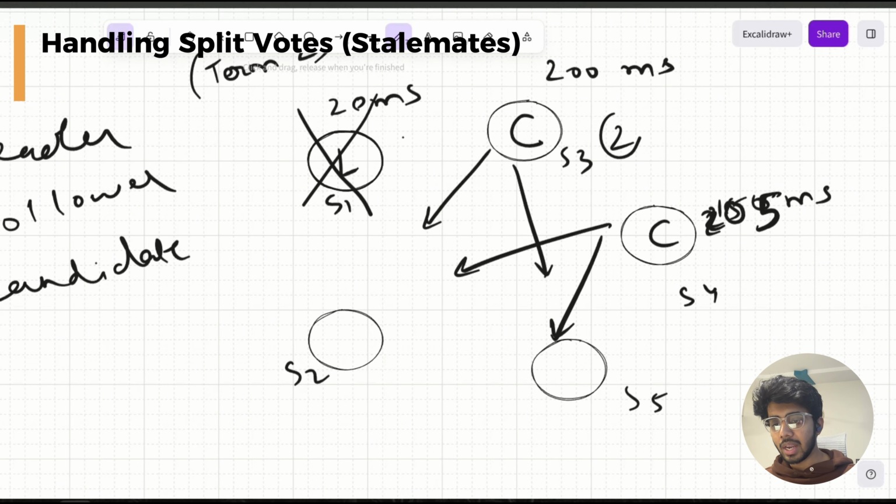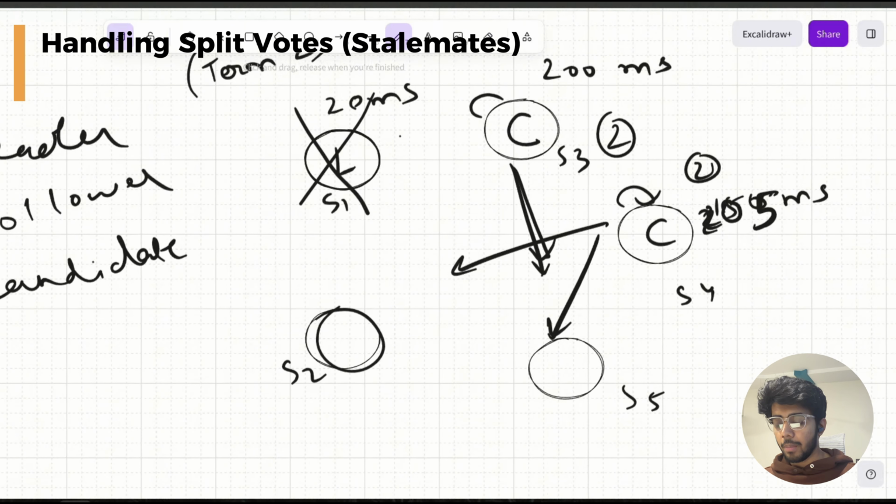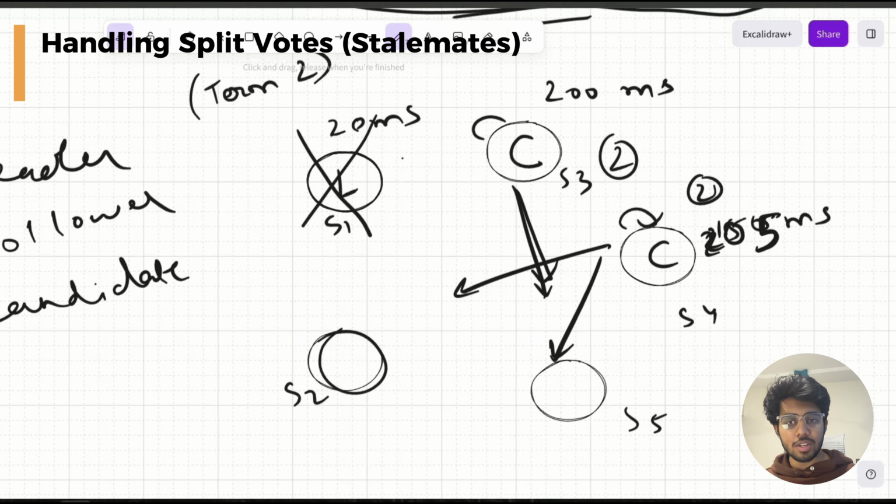Let's say both of the candidates receive two votes, one from itself and one from another node, and this one also gets one from itself and one from node S2, so both receive an equal number of votes. In situations like this, the situation is a stalemate, and the election process moves on again. A re-election happens, and the leader is chosen again.